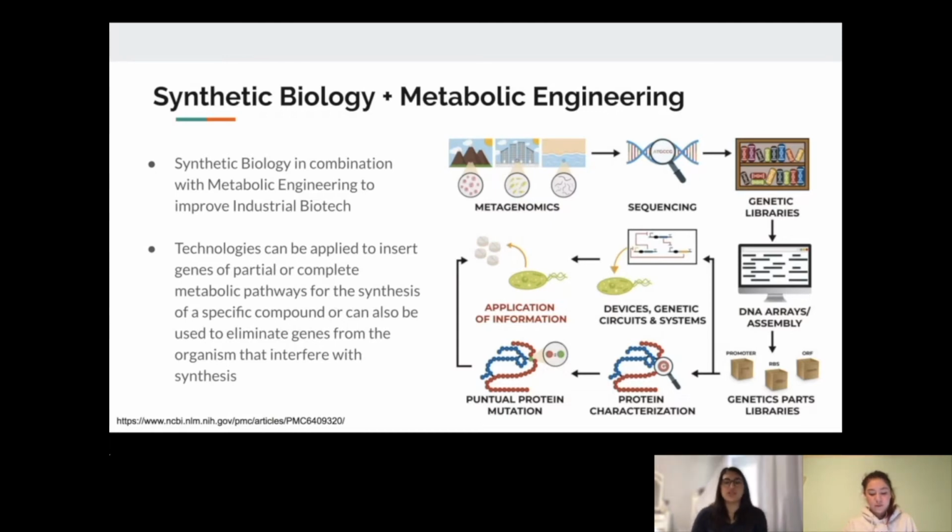While metabolic engineering seeks for the optimization of cellular processes that are endemic to a specific organism to produce a maximized amount of compound of interest from a substrate that is in industrial biotech preferably cheap and simple.